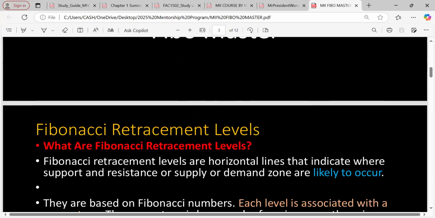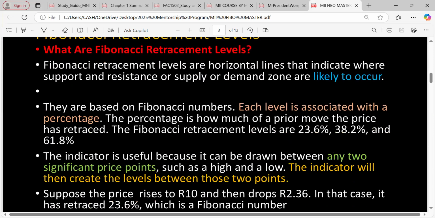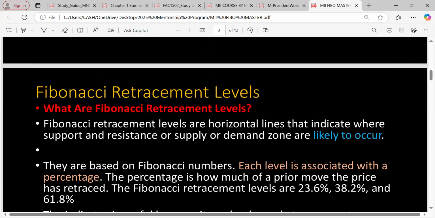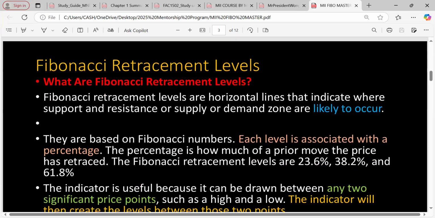Just a bit of background before we move on, in terms of why we use this tool. Fibonacci retracement level: what are Fibonacci levels? Basically, they indicate most of the time the support, the resistance, the supply and the demand zones.